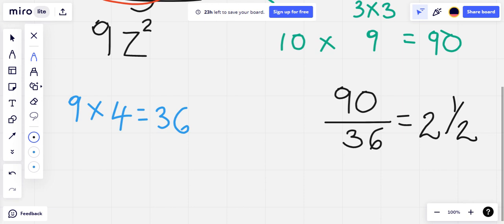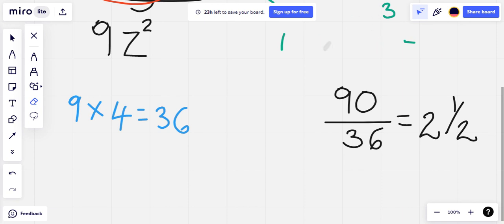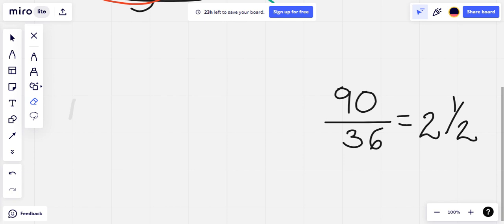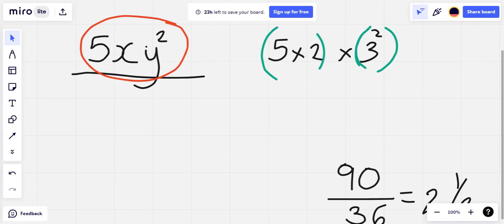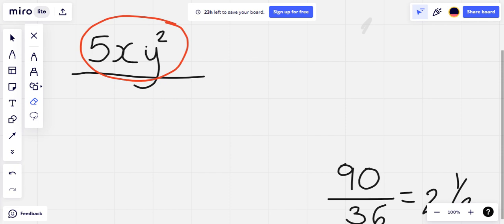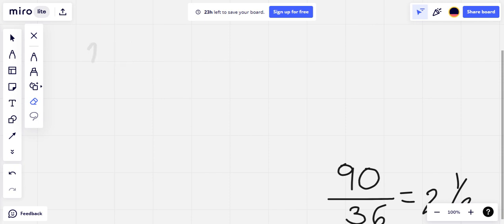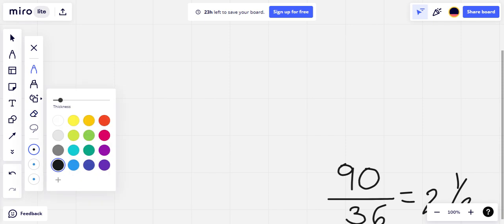I know some persons may be wondering, all right then, how did Miss get 2.5? So let me just erase some things a bit so that I can clear up your curiosity. We're going to do repeated addition right there so that you can see.